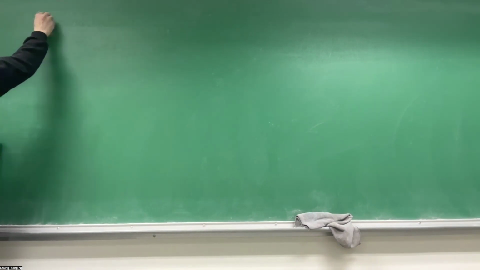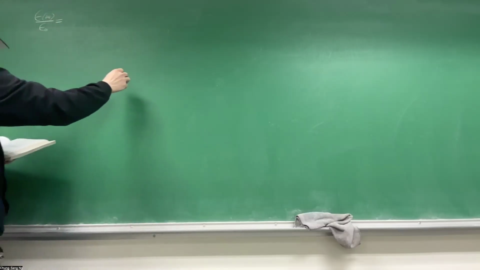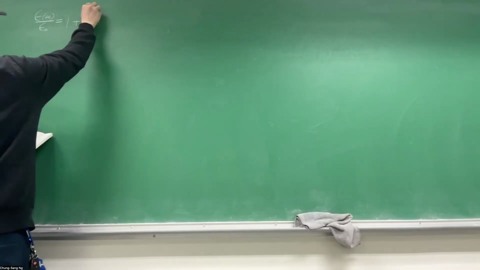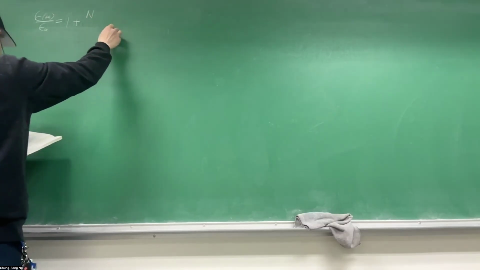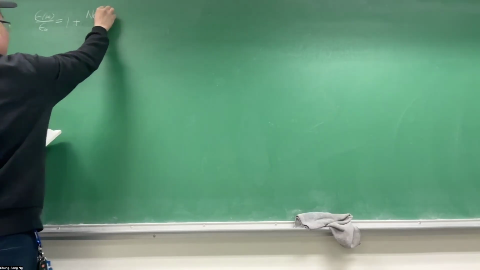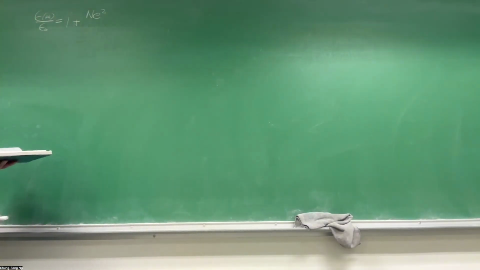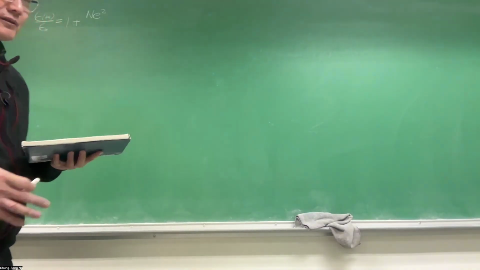So this is a model. Epsilon now is a function of frequency omega. So 1 plus N, where N is the density of the molecule, how many molecules, and each molecule has total charge Z times e, the electron charge, distributed over different kinds of atoms.